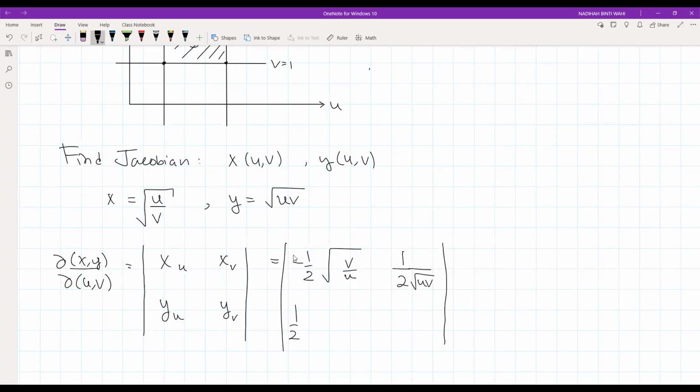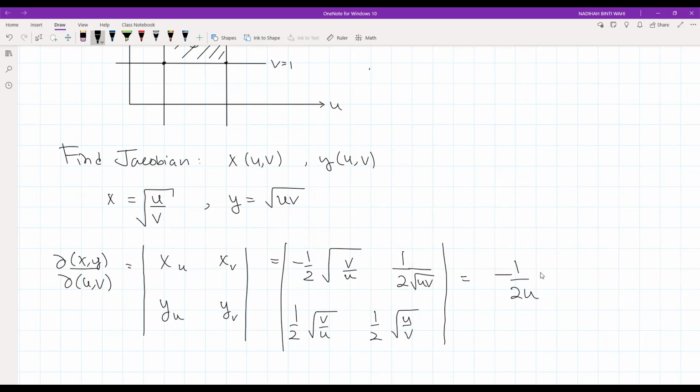And in terms of y, that's just 1/2 of v times u, and then 1/2 of u over v. So do the math, and then your answer will be minus 1 over 2u. So you can do the math.